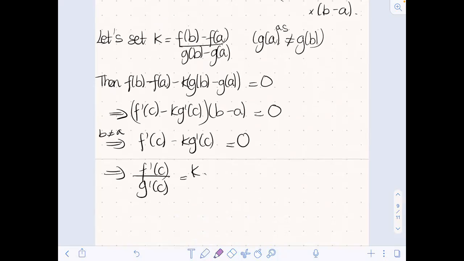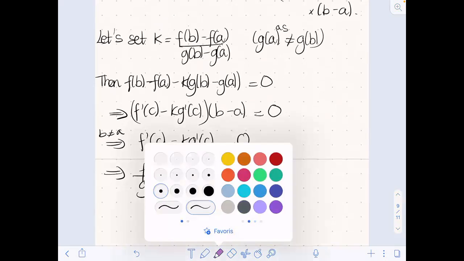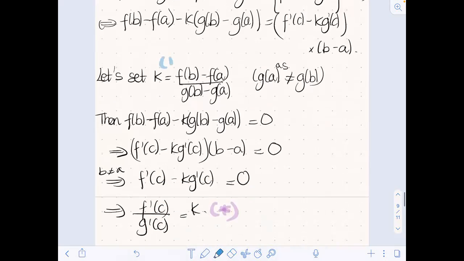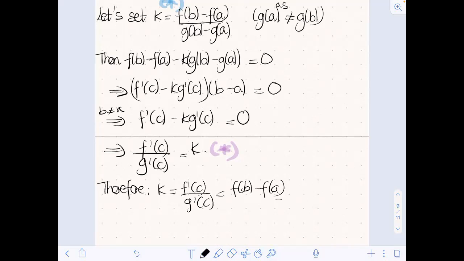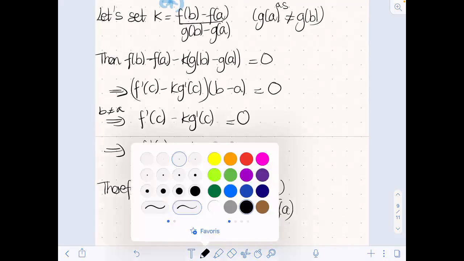So we've got k equal to something here, and k equal to something above here. k is equal to f prime of c divided by g prime of c. That's equal to f of b minus f of a divided by g of b minus g of a.